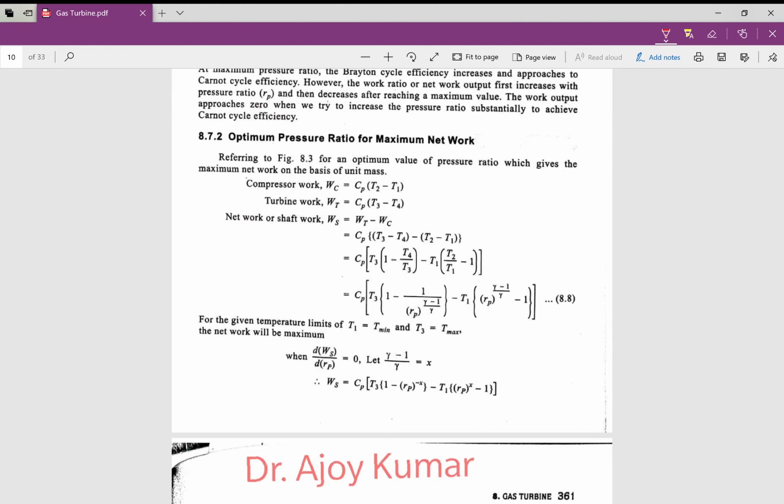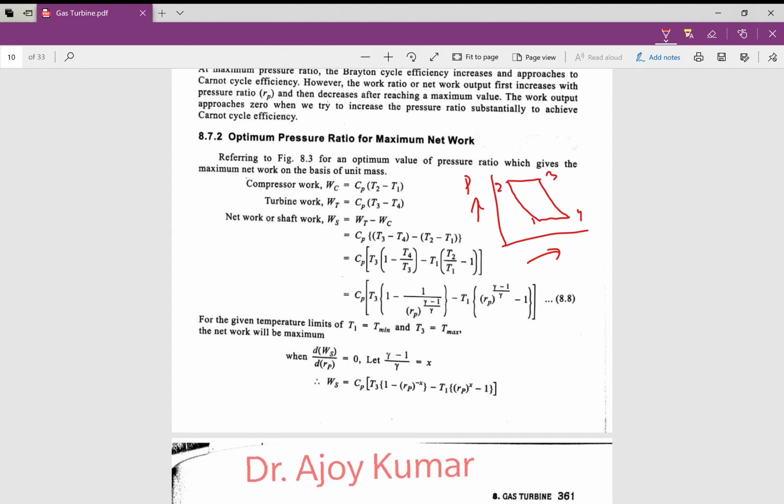Now in the actual Brayton cycle, what should be the optimum pressure ratio for getting maximum net work? We have seen the PV diagram of the Brayton cycle. It was like this: 1, 2, 3, 4.